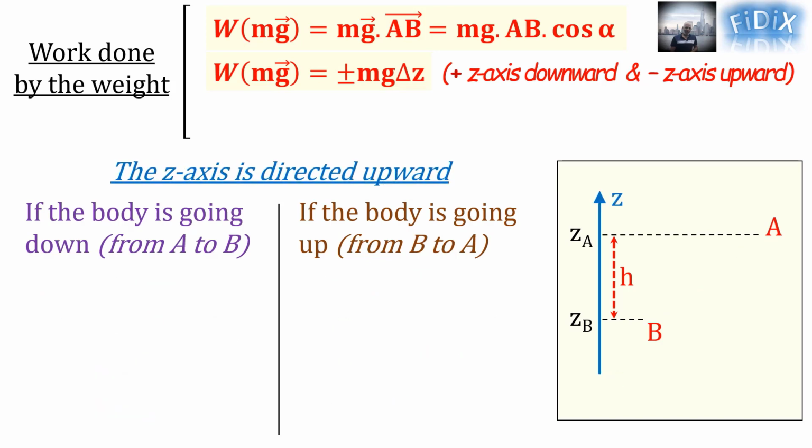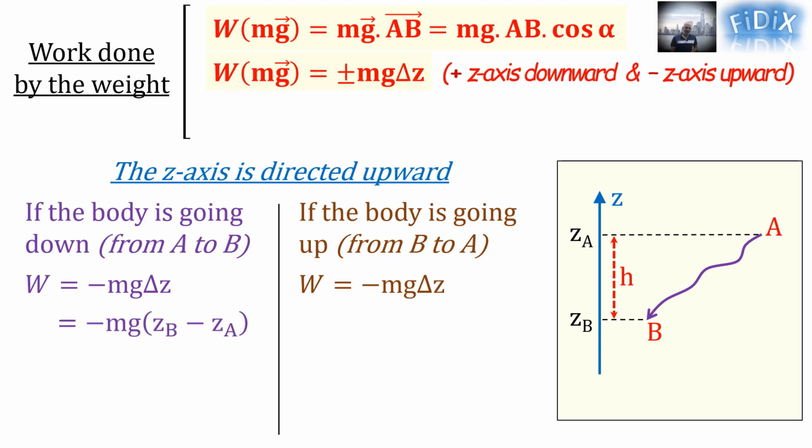If the z-axis is directed upward, we can apply the formula W equals minus mg delta z. If in addition to this the body is going down from A to B, delta z will be equal to zb minus za. This gives delta z equals minus h, since in this case zb is less than za.